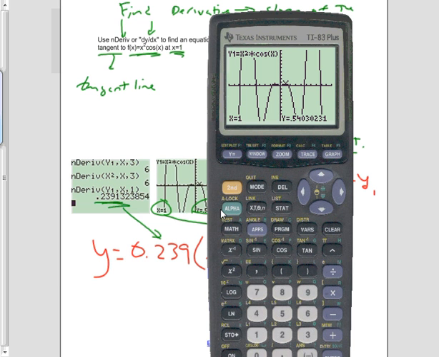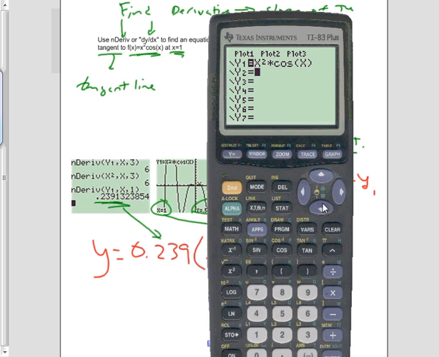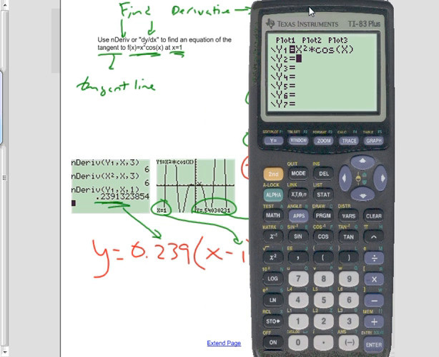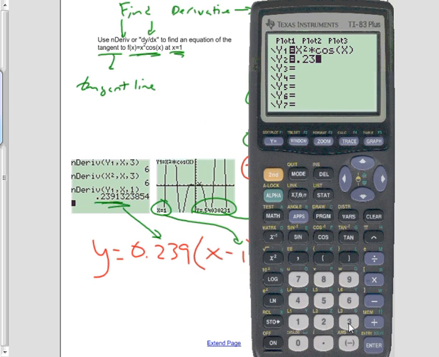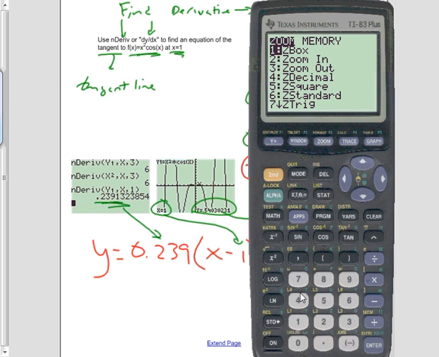So if I go into my calculator and into Y2, I'm going to graph the tangent line, which is 0.239, times (x minus 1) plus 0.540. And I'm going to zoom in just a little bit, so Zoom 4.